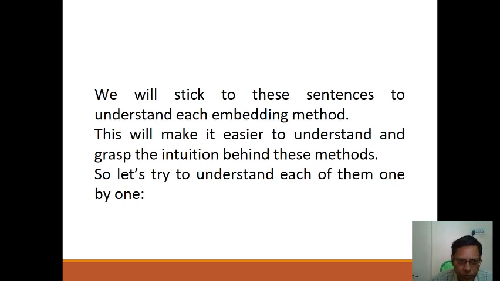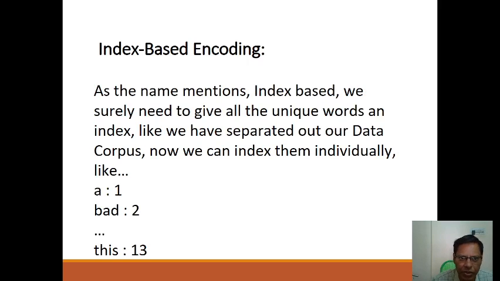We will stick to these sentences to understand each encoding method. This will make it easier to grasp. Here you can see index based encoding. We have given a equal to 1, bad equal to 2, and so on. The last word is the 13th word.